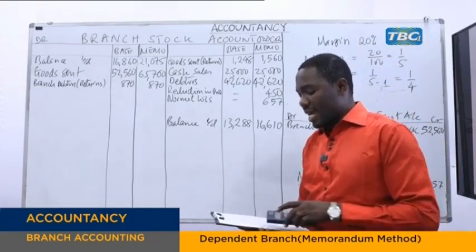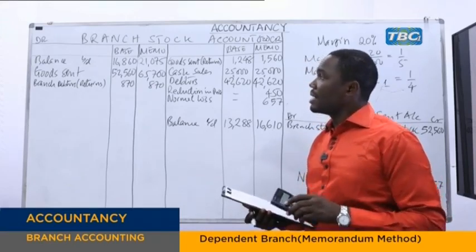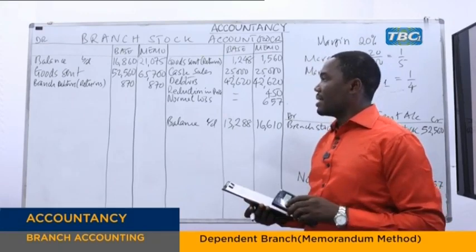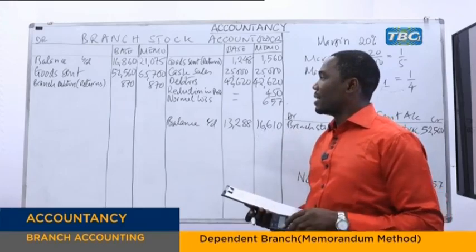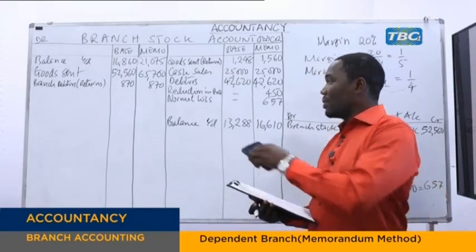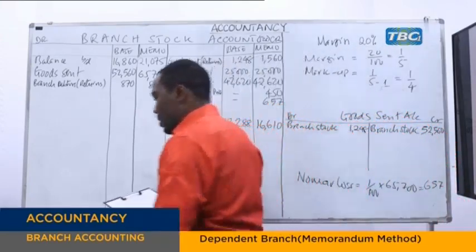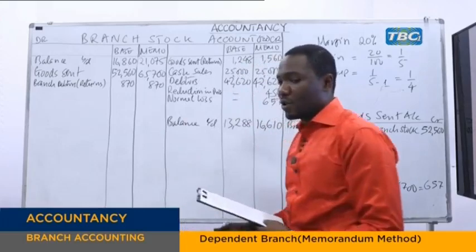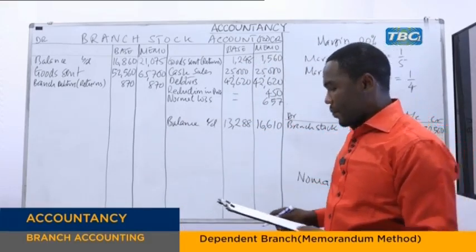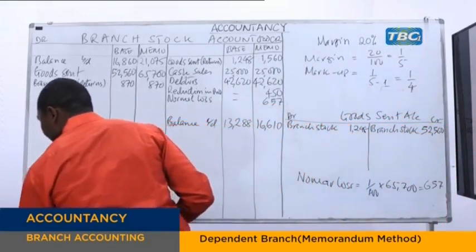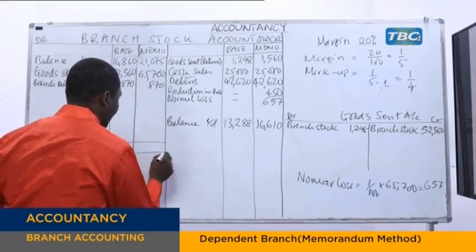That will be either theft at the branch, or any circumstances that led to this shortage. And this shortage will include the cost element, because we have already shown the normal, acceptable loss. So any loss beyond that will include the cost element. So let us start balancing to see whether there is any abnormal loss.